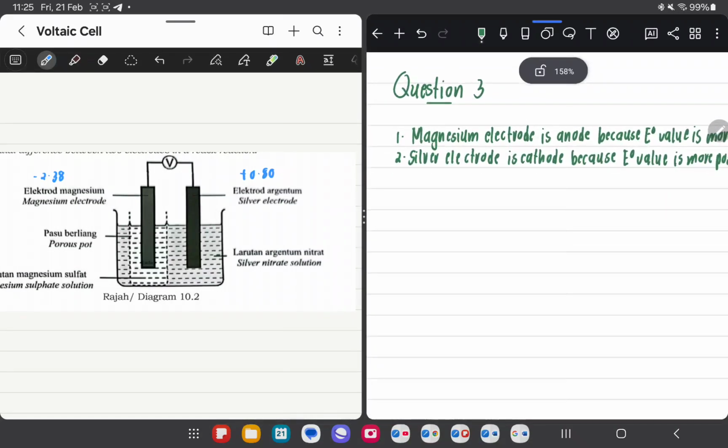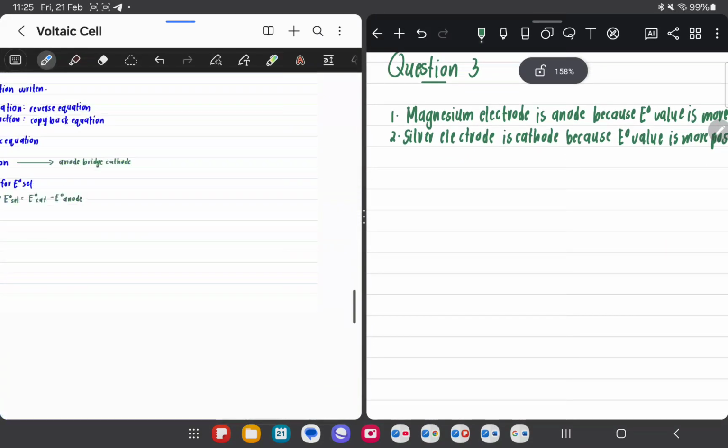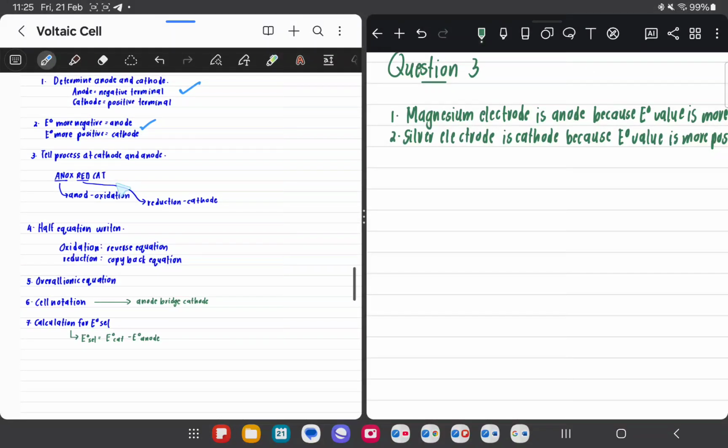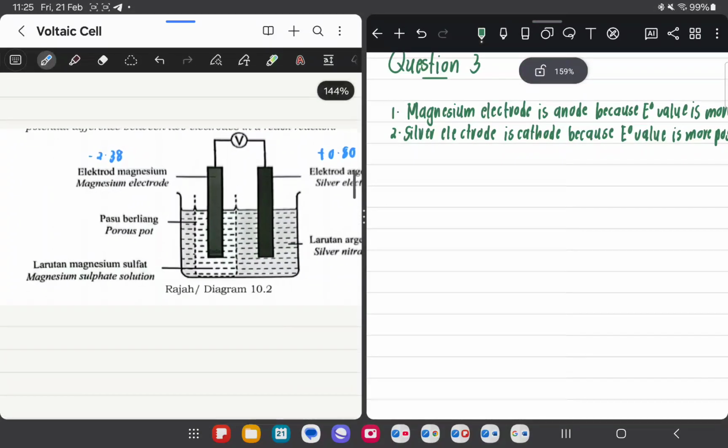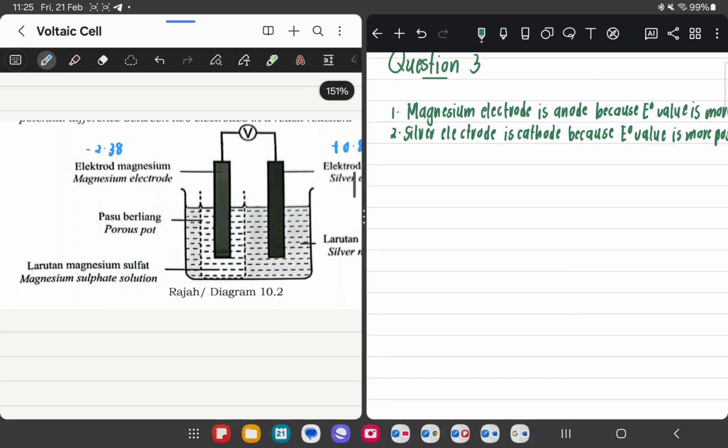After you have said this, what you should do is tell the process, which one is oxidation and which one is reduction. Magnesium is Mg2 plus, right, its ion? So you can say Mg2 plus is your anode.